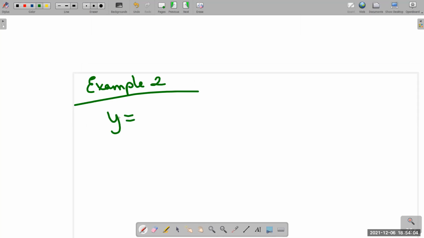Y is equal to negative 4x plus 1. And 4y is equal to negative 16x plus 12.